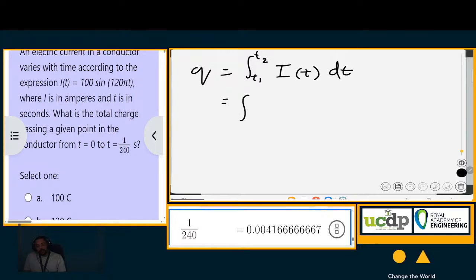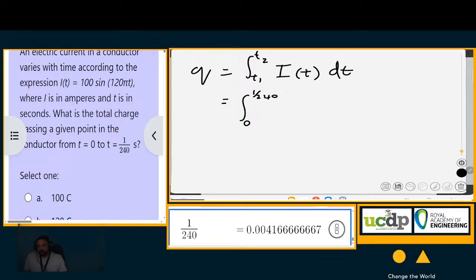Now what is the start time? 0 seconds. What's the end time? It is 1 over 240, or you can write 0.004166667. Okay? And what is the formula that they gave us for the current?